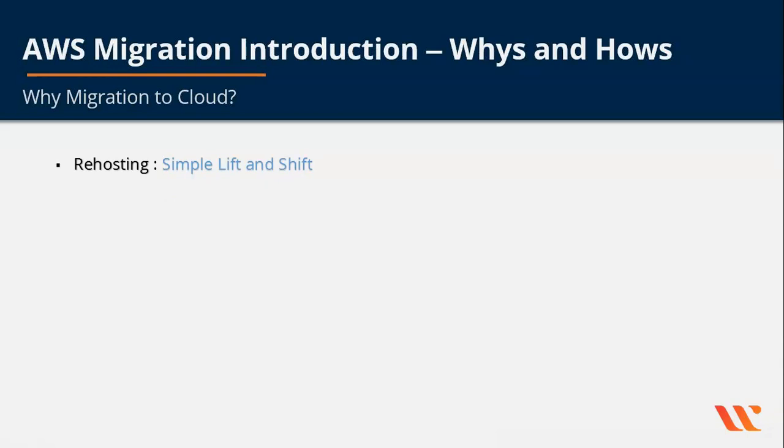The first is rehosting. Rehosting means you're simply lifting an application from your data centers and shifting it as it is, without any changes, to the AWS data centers. Now this would happen in an ideal world, but this is not the case in most of the migrations.